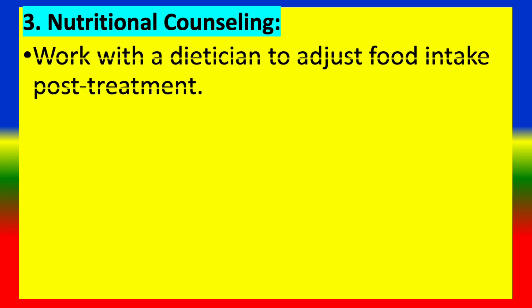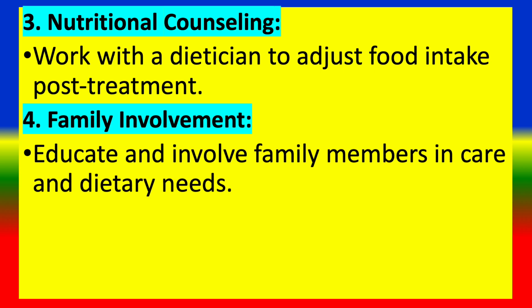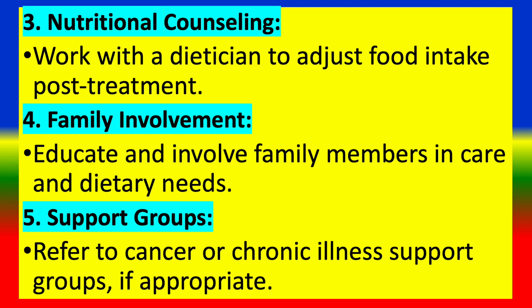Nutritional counseling: work with a dietitian to adjust food intake post treatment. 4. Family involvement: educate and involve family members in care and dietary needs. 5. Support groups: refer to cancer or chronic illness support groups if appropriate.